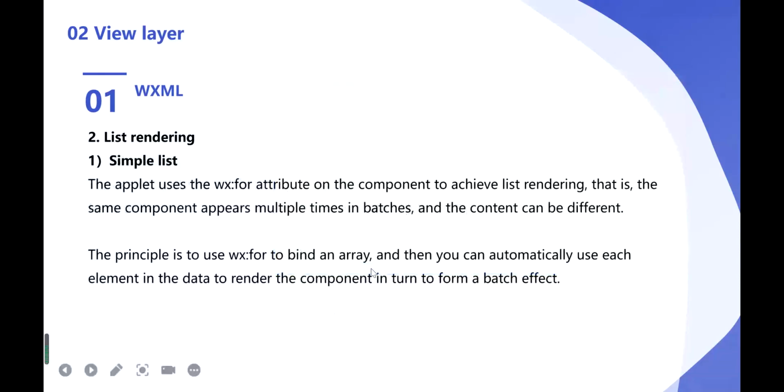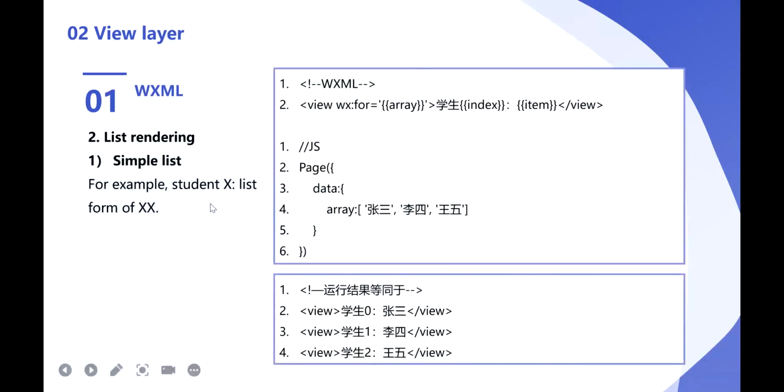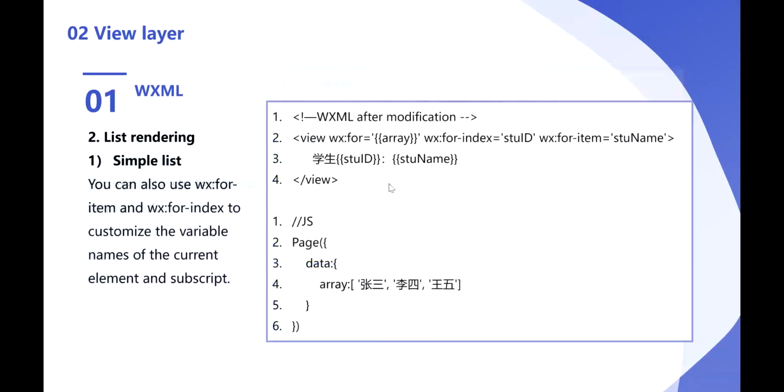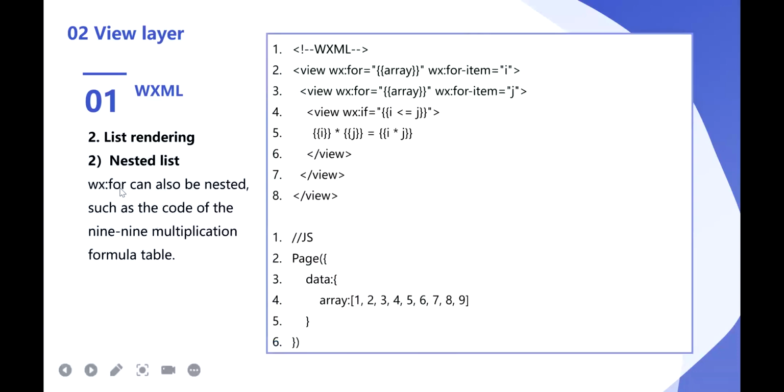Okay, here we have already seen this example. We can also use wx:for-item and wx:for-index to customize the variable names of the current element and subscript. We can also use nested list.